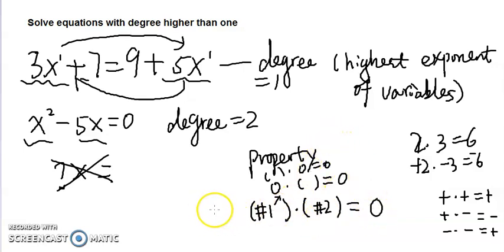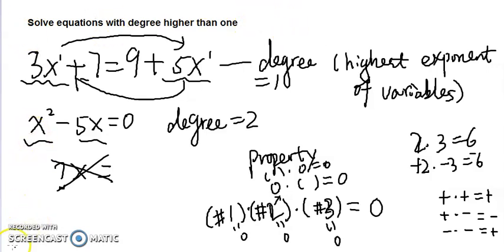This also works with more numbers. If you have three numbers, number 1, number 2, number 3, similarly, either number 1 is 0, or number 2 is 0, or number 3 is 0. Notice that we don't need all of them to be 0, but we need at least one of them to be 0. This is the property I'm talking about here.